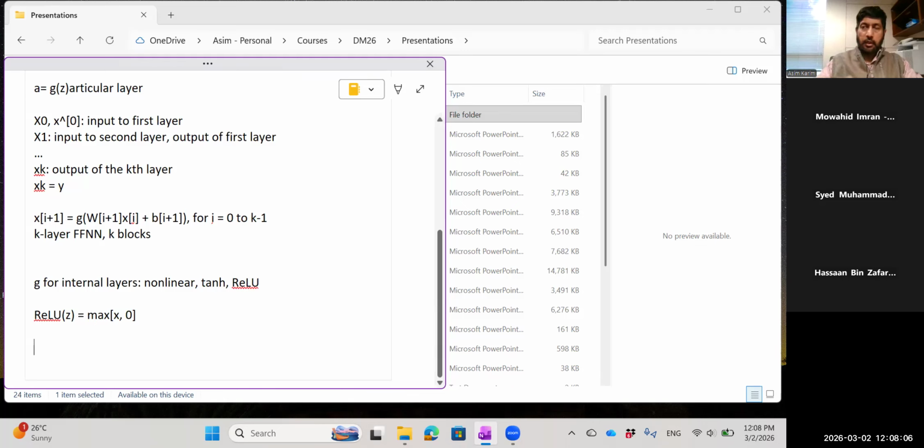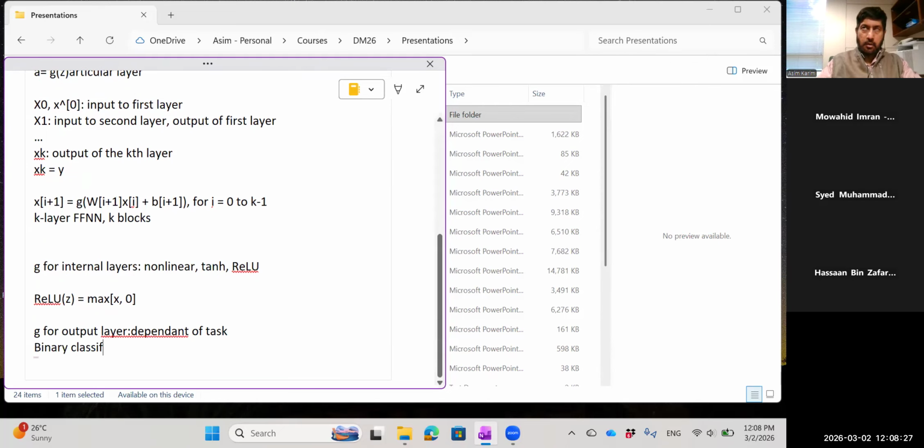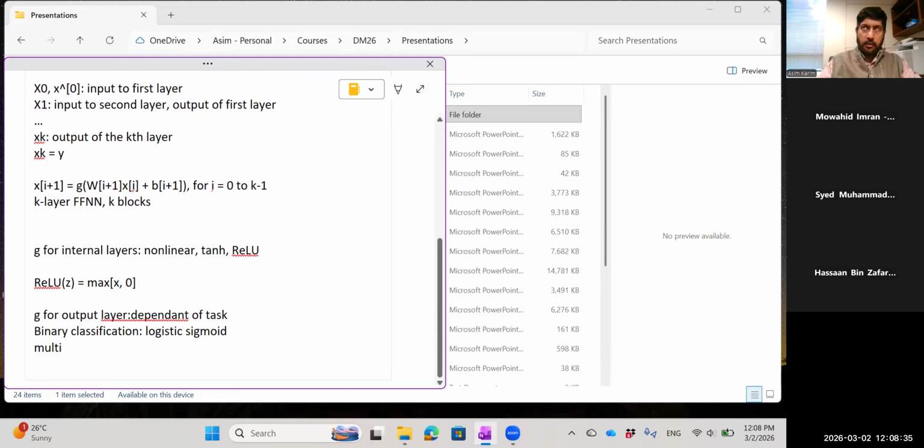Okay, so this was the internal layer. What about the output layer? So G for output layer. So this is dependent on your actual task, and we talked about this last time. So if it is a binary classification, so we use a logistic sigmoid. If it is multi-class classification, we use the softmax.